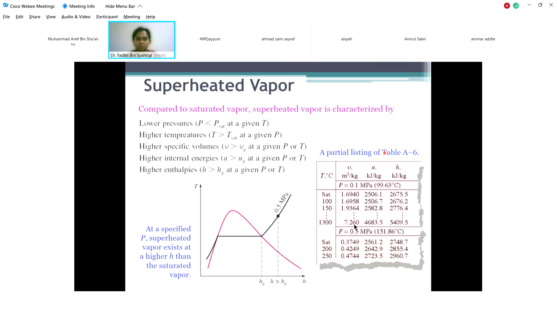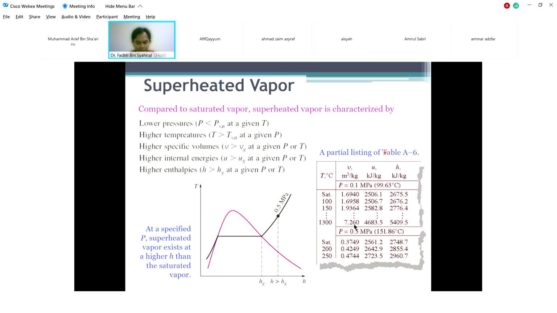So for the superheated vapor phase, we have to use table A6, not table A4 or table A5. Please remember that. Table A6 is for superheated vapor phase, not for other phases.